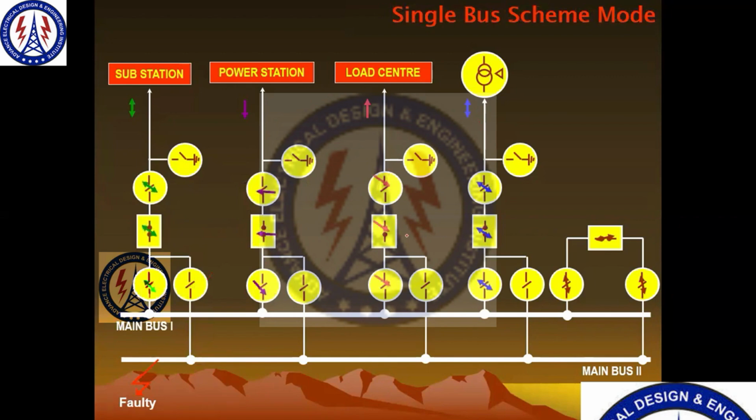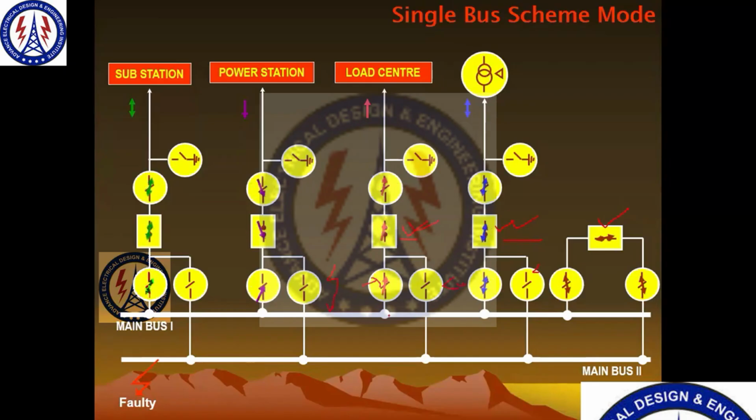Or in case of a fault on bus 1, the other two feeders also will get affected, right? Yeah, it's vice versa. So suppose you are taking a bus 1 fault rather than bus 2. In that case, these two circuit breakers will be in trip condition. So again, you have to open this isolator, close this isolator, and then close this circuit breaker.